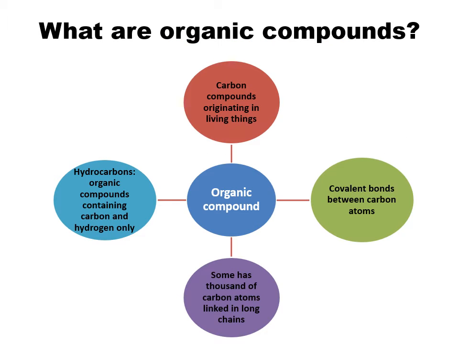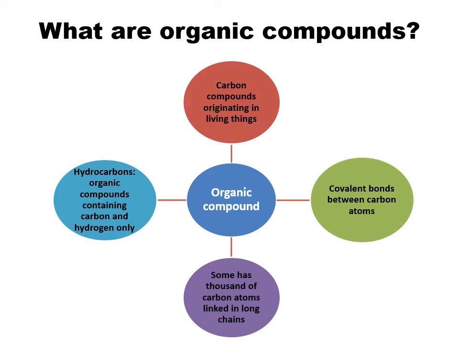First, we're going to look at the definition of organic compounds. We have already seen most of these definitions or the characteristics of organic compounds in chapter 10, so this is just a review for you. So what are organic compounds?